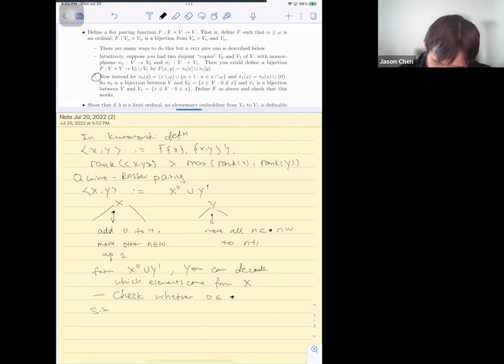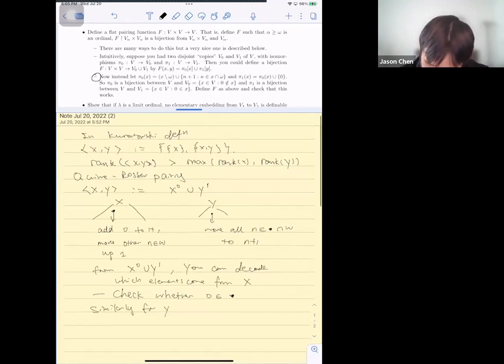And similarly for Y, you just check whether 0 is not in it.